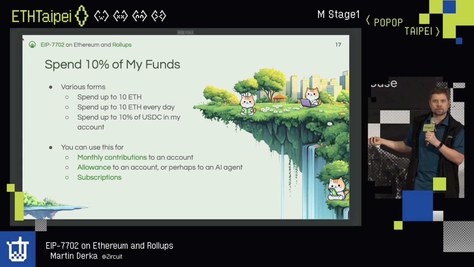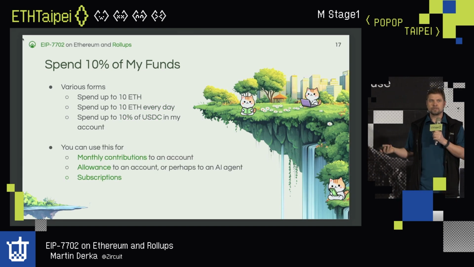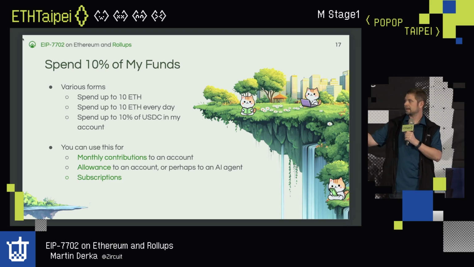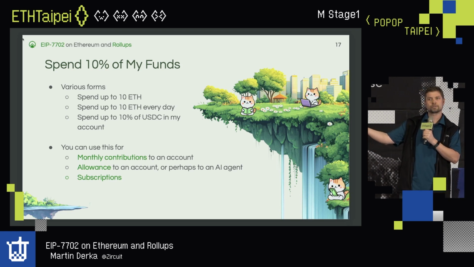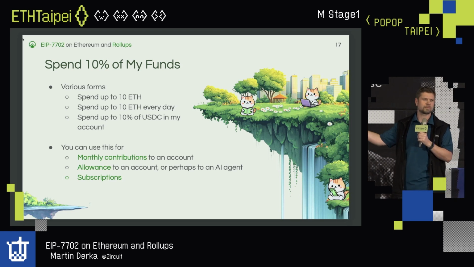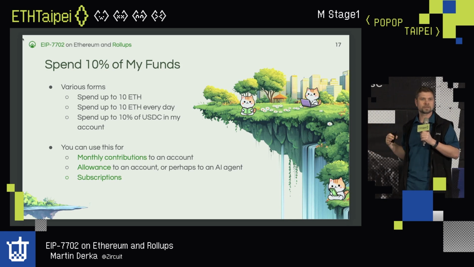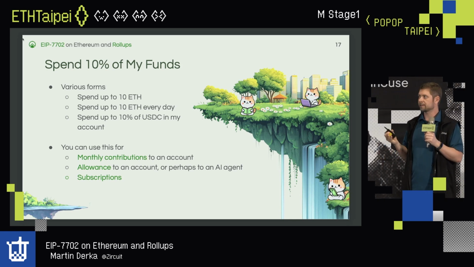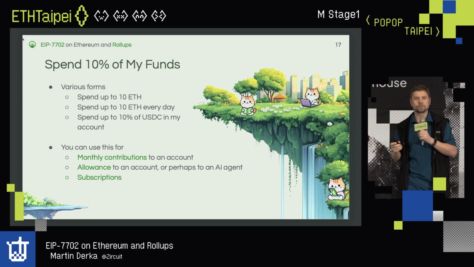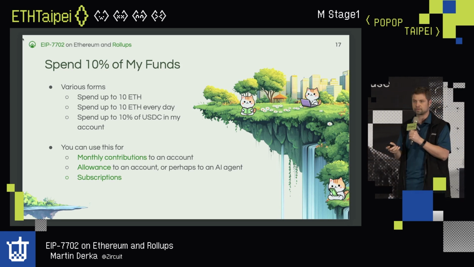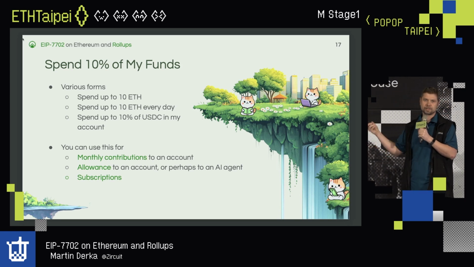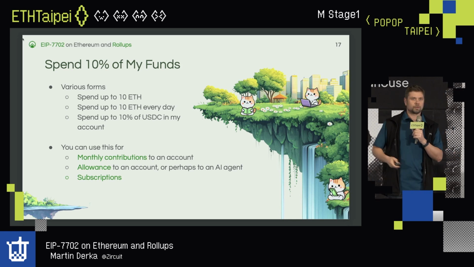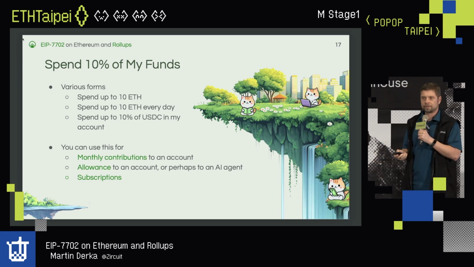That seems pretty useful, right? Because you can start developing new things with that. You can develop monthly contributions. You can give allowances to various roles. We live in a world where we really like AI agents, so imagine giving an AI agent the permission to spend 10% of your funds every single week, because that's what you want to do. You can develop subscriptions and so on and so on.